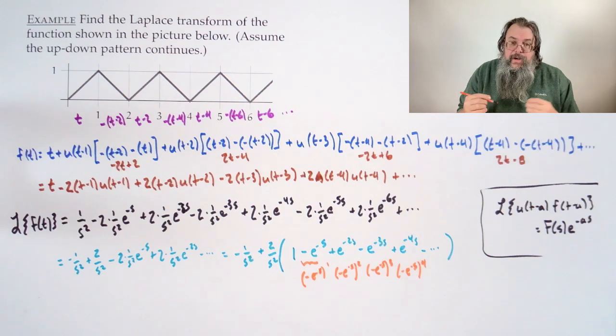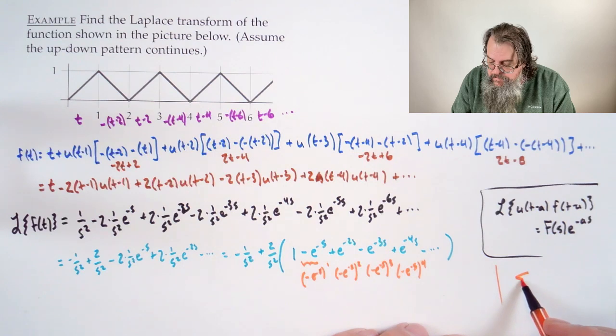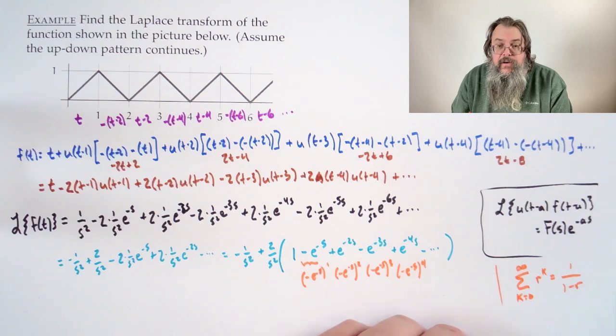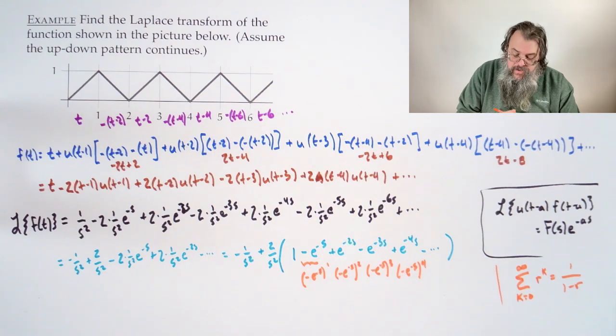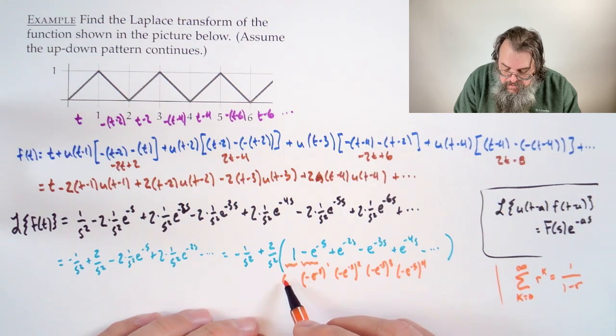So how does that help us? Well, turns out there's a nice fact that says the sum from 0 to infinity of r to the k is equal to 1 over 1 minus r. So we say, oh, in fact, even this 1 here, this is minus e to the minus s to the 0.